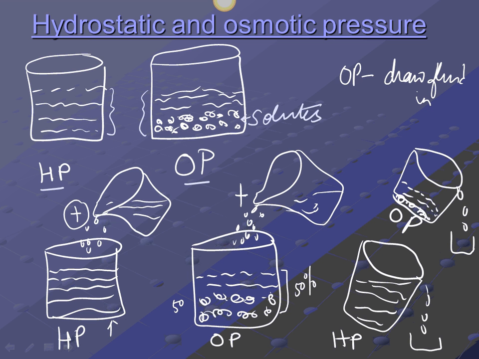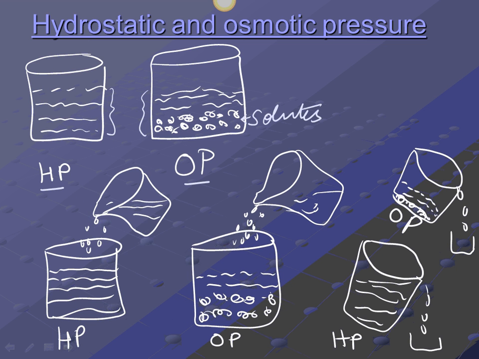Now if I add another 50 ml, making this 150 ml, my sodium chloride is now 50 over 150, which becomes 1/3. So can you see that if you add fluid to anything, you may raise the hydrostatic pressure, but what will you do to the osmotic pressure? You will decrease the osmotic pressure. The pulling power will decrease because the solutes will decrease.